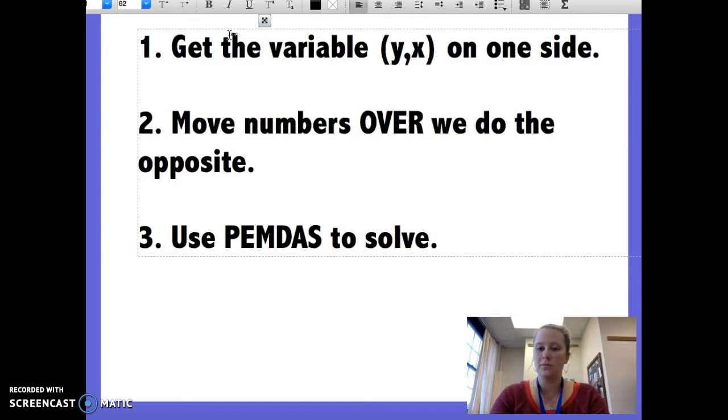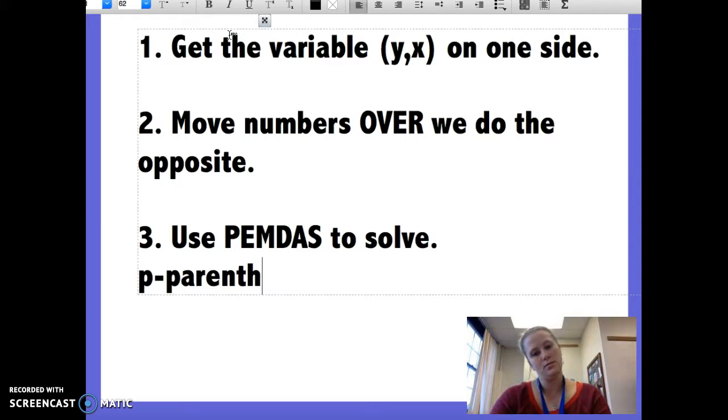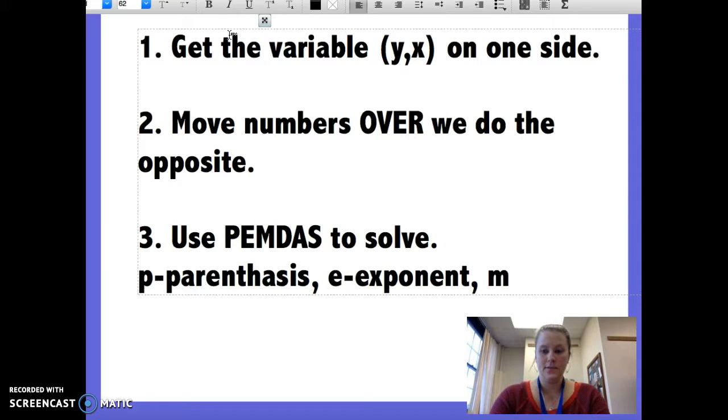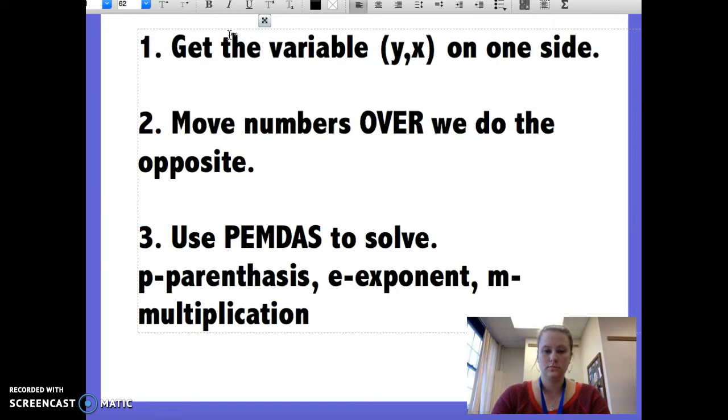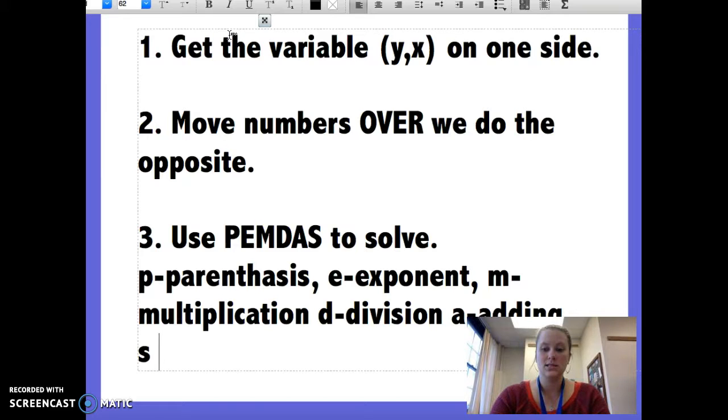I know you guys know what PEMDAS is, but just in case, you don't have to write the PEMDAS part down. Parentheses, E is for exponent, M, multiplication, D, division, A, adding, and S, subtraction.